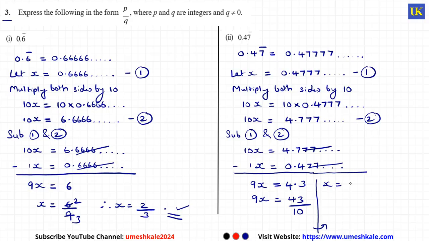So x is equal to 43 divided by 10 into 9, and 9 into 10 is 90. So this is our answer, guys. x is equal to 43 by 90. Now there is one more question which we will do on the next page.